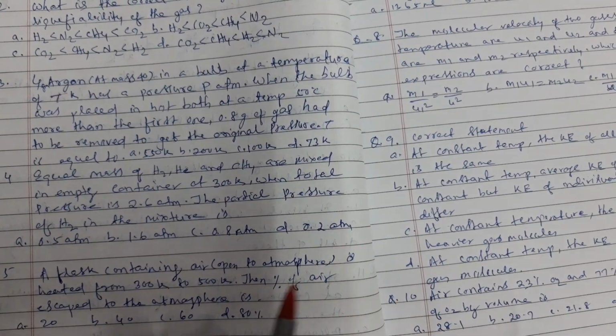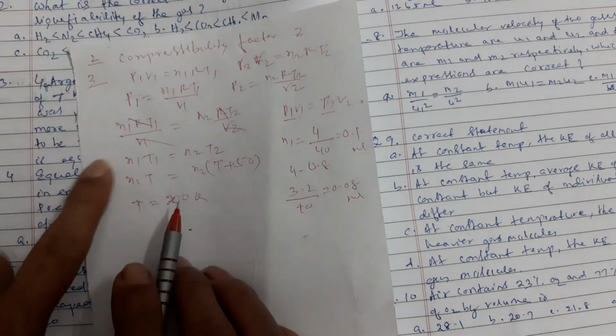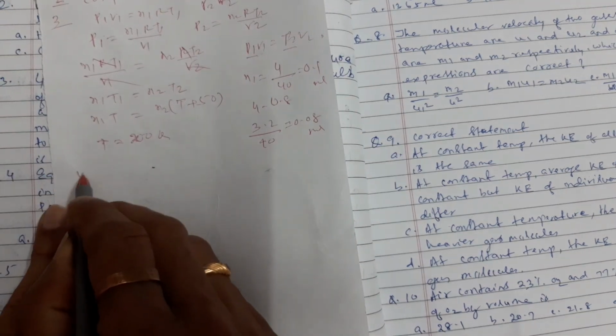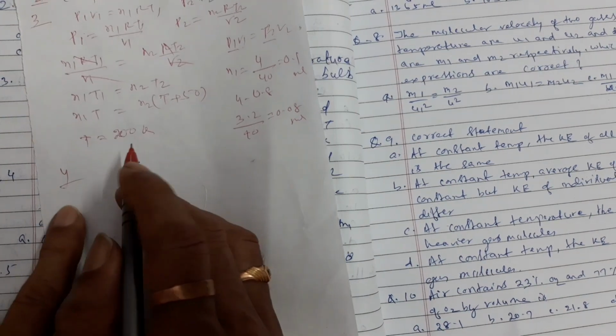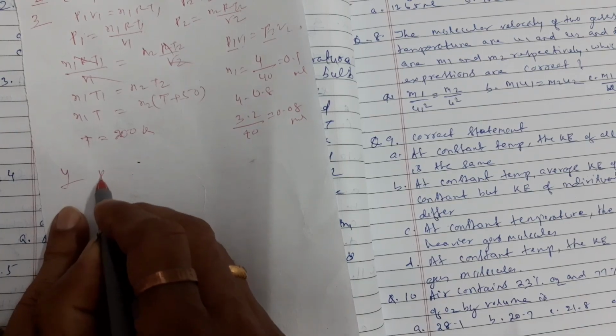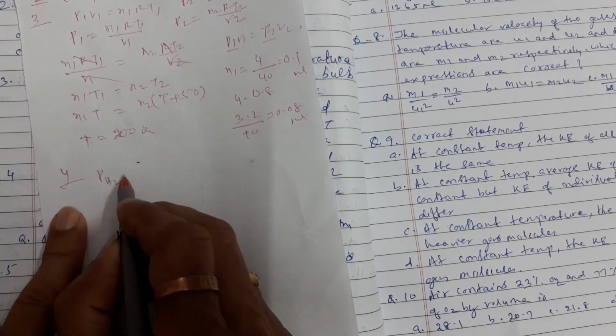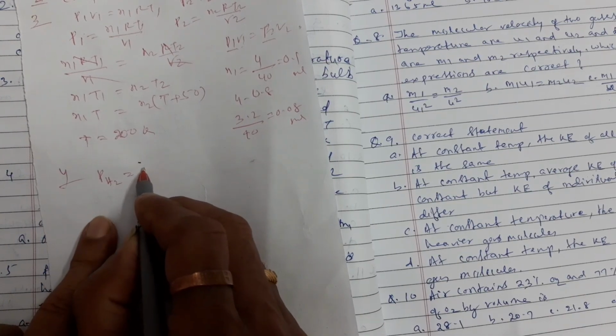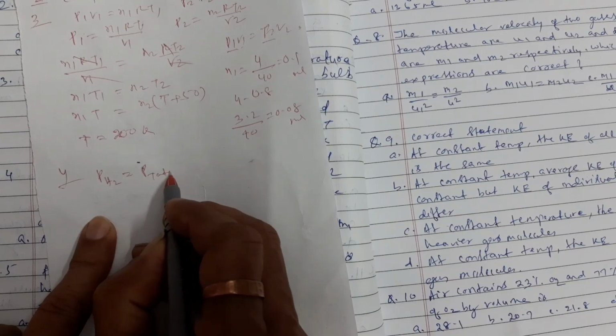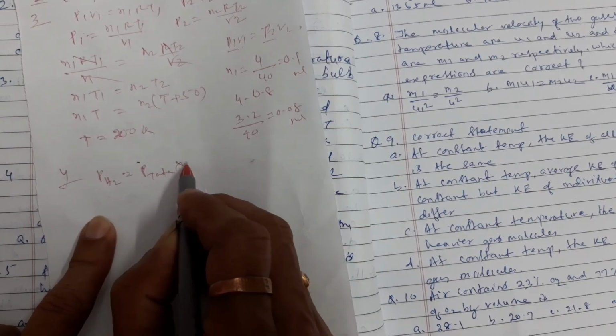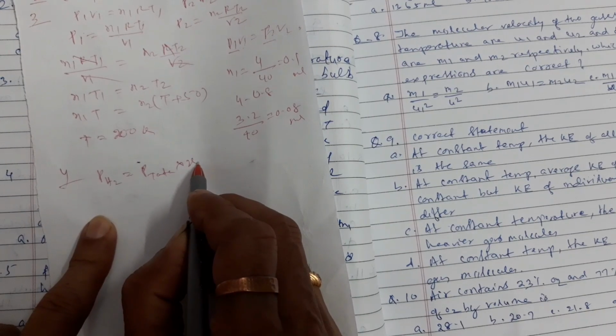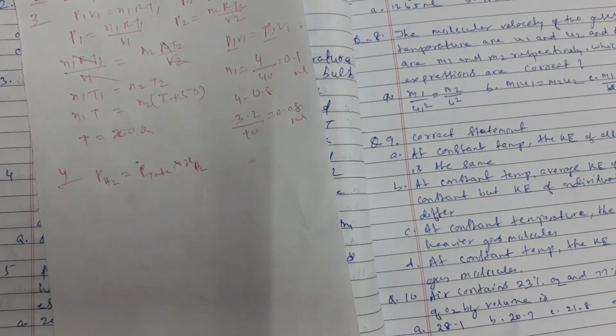So what to do? We know there is a formula. Question number 4. Partial pressure of H2 is equal to total pressure P multiplied by mole fraction of H2. This is the relation.